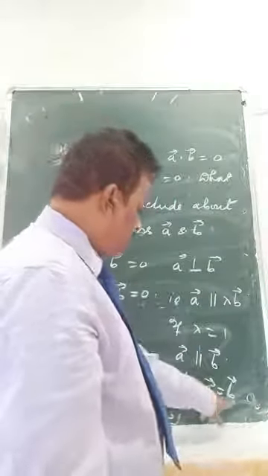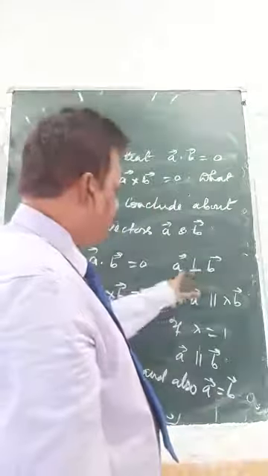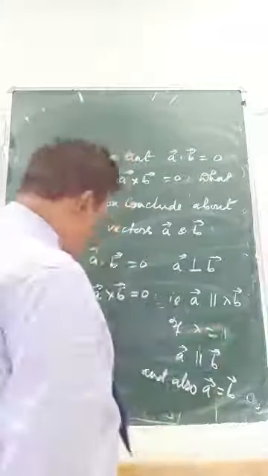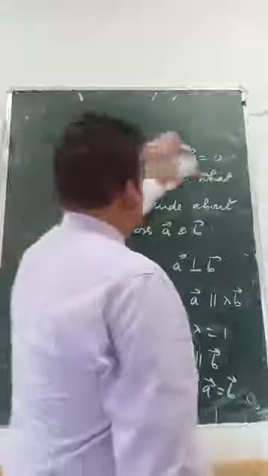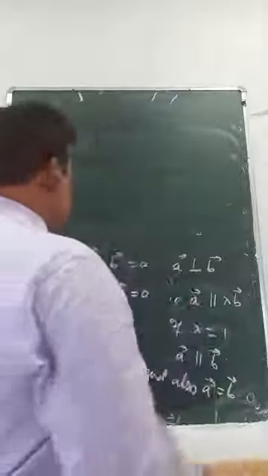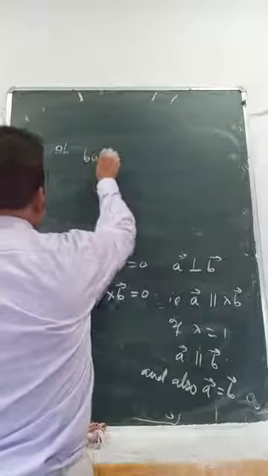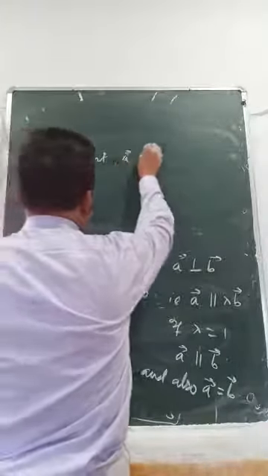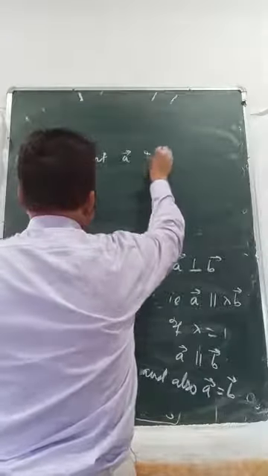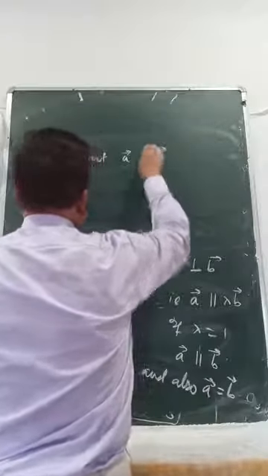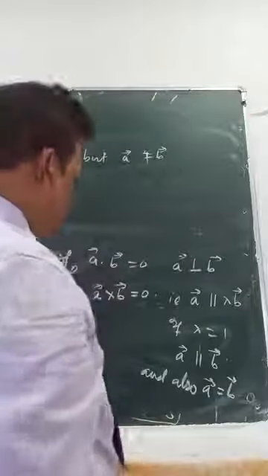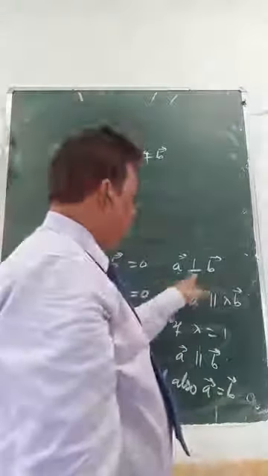But A cannot be equal to B, because they cannot be perpendicular. Why?